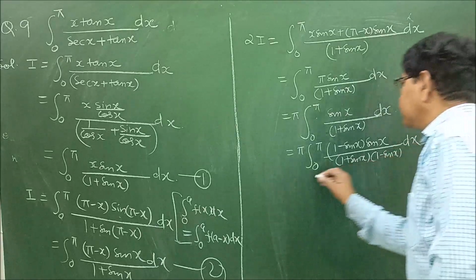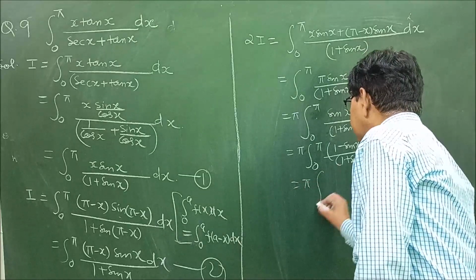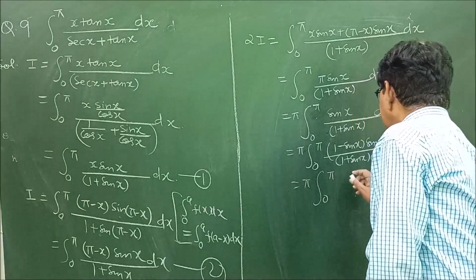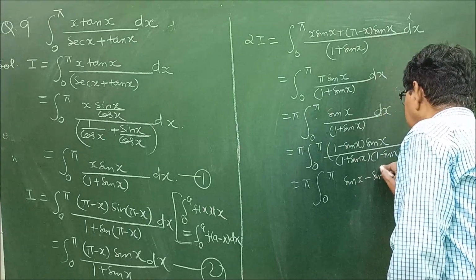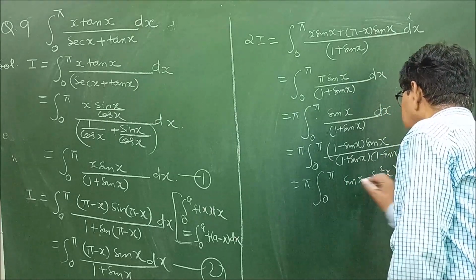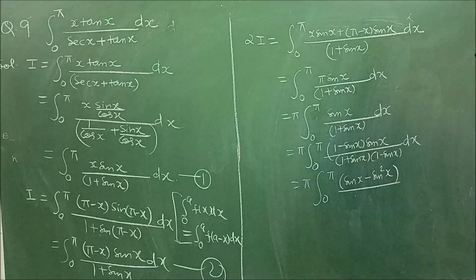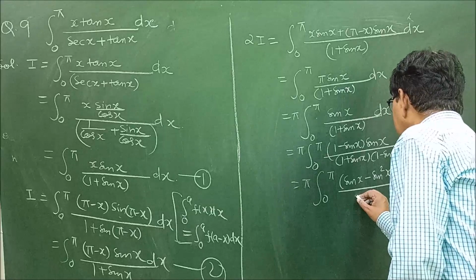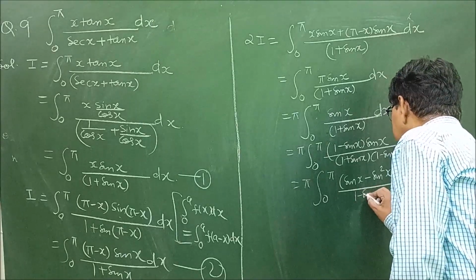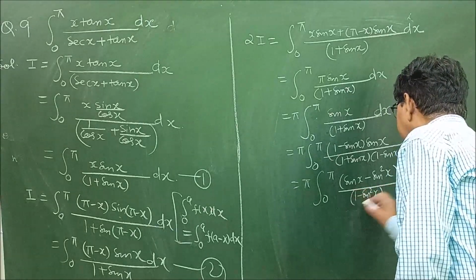So this is equal to pi into 0 to pi of sin x minus sin square x upon 1 plus sin x into 1 minus sin x, which is equal to 1 minus sin square x, dx.